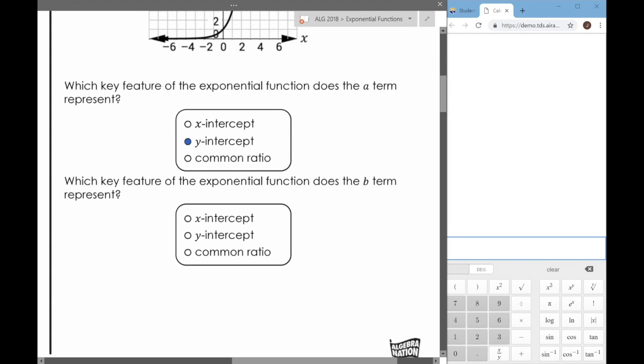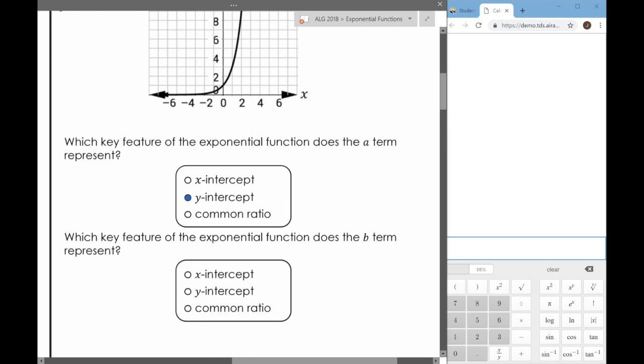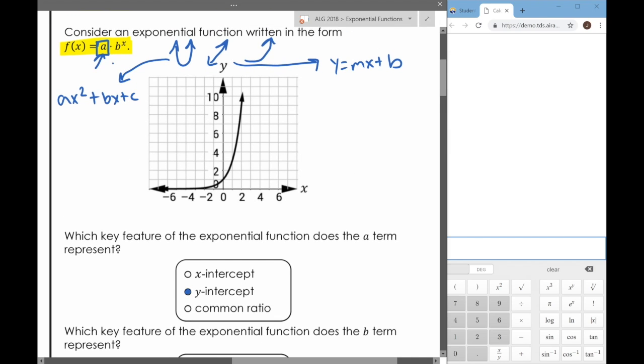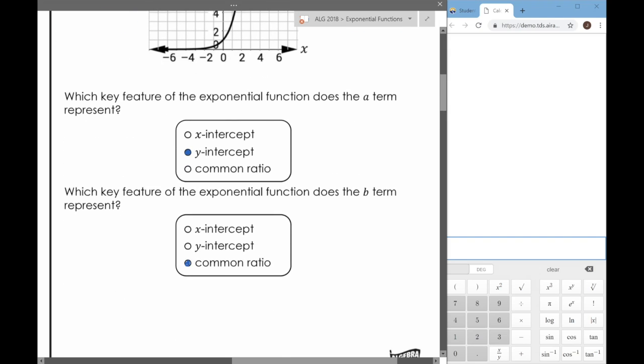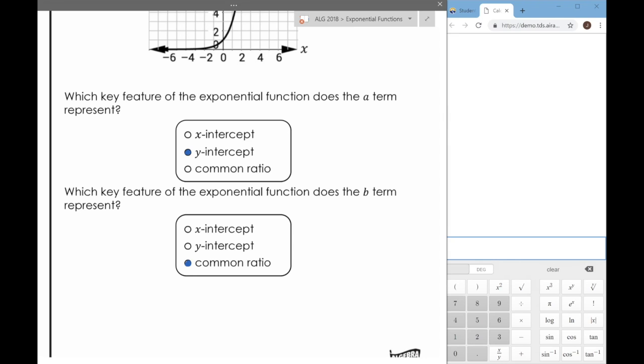Now, which key feature of the exponential function does the b term represent? So now we need to figure out, what does this b represent? Now that b represents the common ratio. And we talked a little bit about that in the first video. Common ratio is almost like the rate of change. How much is this changing each time?